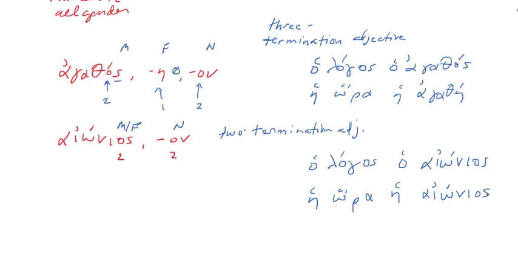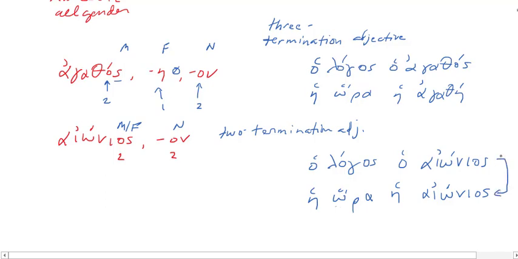It's the real deal. So, two termination adjectives will sometimes confuse you a little bit. You just have to remember, if it's a two termination adjective, that omicron's going to be there even if it's feminine, because omicron is in all the forms of this two termination adjective.